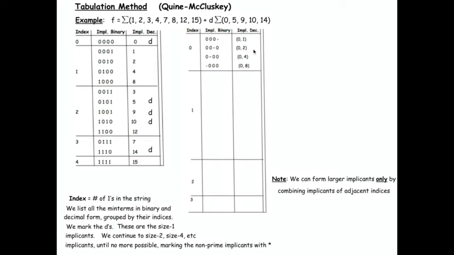So where we mark the ones, we're making them don't matter. Okay, let's not use the word don't matter, but as I said, the non-prime, right? So we mean don't matter by these, but yes, as we combine the non-prime implicants into bigger ones, then the bigger ones become prime implicants, and the ones that they were made of don't matter anymore, and we're going to put stars next to them.